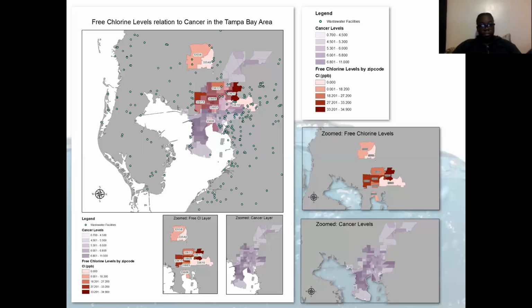We know that the farther you are from the wastewater facilities or the water treatment plants, the higher the chlorine levels, because more organic materials and more rust accumulate on the pipelines, and that causes the disinfectant, like the chloramine or the chlorine, to interact with these organic substances and cause more trihalomethanes.